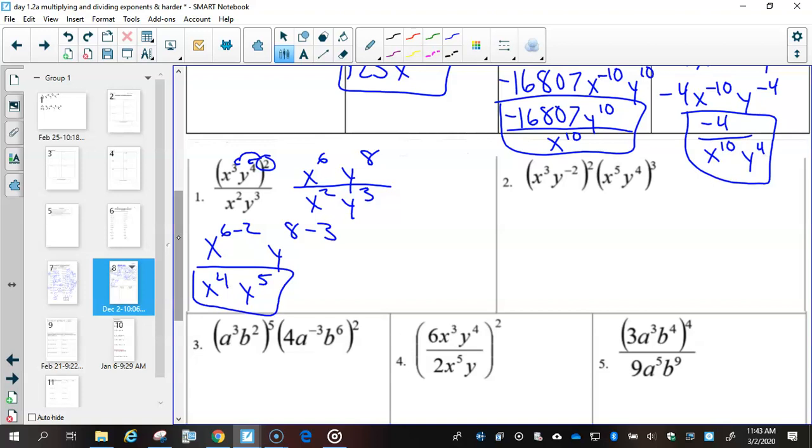Now, in order of operations, we would do what's in the parentheses first, but these are not like bases, so we need to apply our exponents. What are we doing with these exponents? Multiplying. So we have x to the 6, y to the negative 4, x to the 15th, y to the 12.